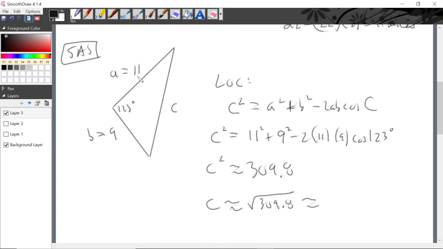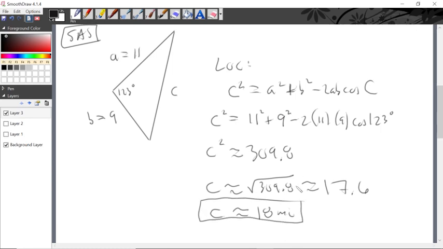We're going to want to go to two significant digits here for the distance measurement. Taking the square root, I'm getting about 17.6. If I want two significant digits, then C is approximately 18 miles. So the two ships are approximately 18 miles apart.